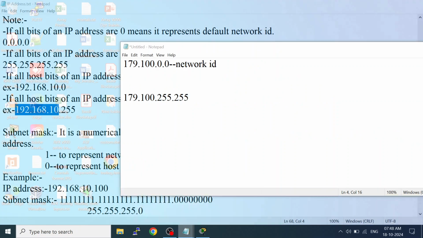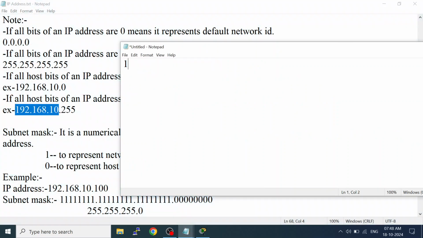So just do one practice. Suppose I have one IP, 10.0.1.0. So you tell me, valid or invalid? Why? If you say anything, there should be some concept behind it. In between. So what did I say as a rule?